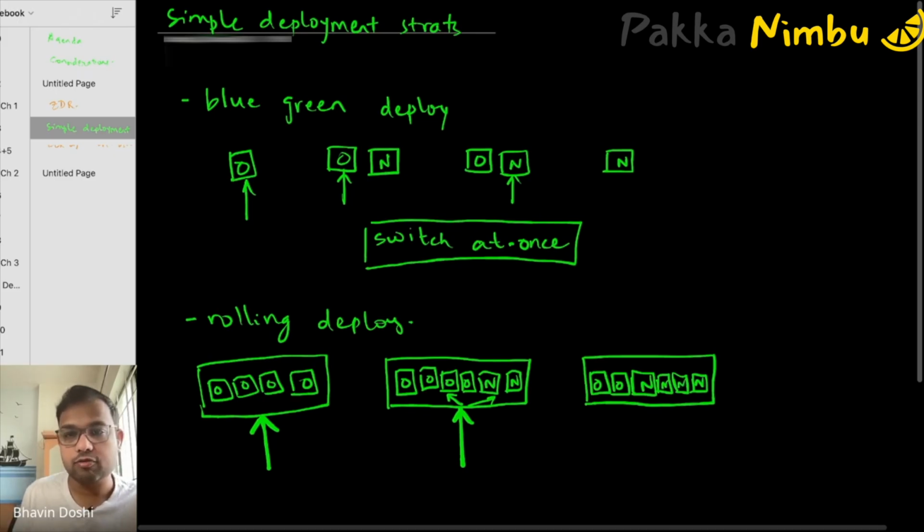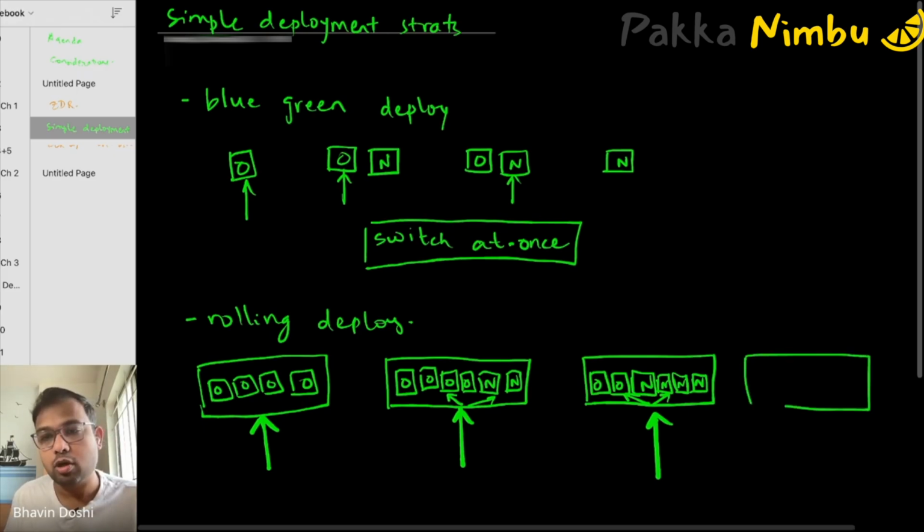And again, the same amount of traffic is coming, but some of it is still going to old and some of it is going to new. And then eventually you take the old pods out. So you slowly replace things. And this is also a very, very common strategy.